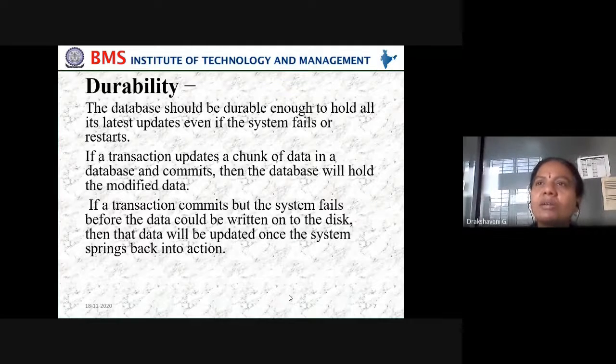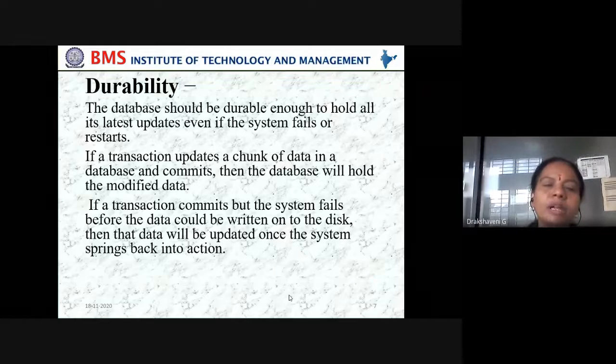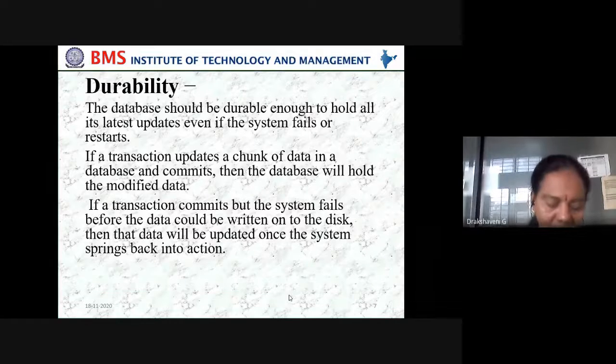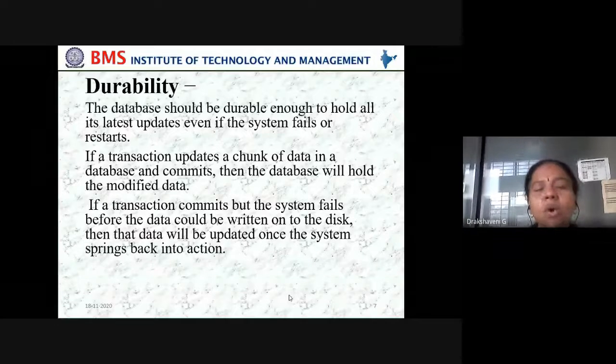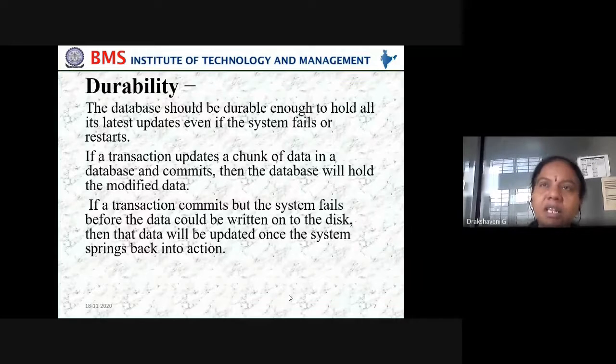Even though I use a new version, my system should work as it is while the new version is being downloaded. If a transaction updates a chunk of data in the database and commits, the database will hold the modified data. Whatever the latest we have updated should be present. That is what is called durability.